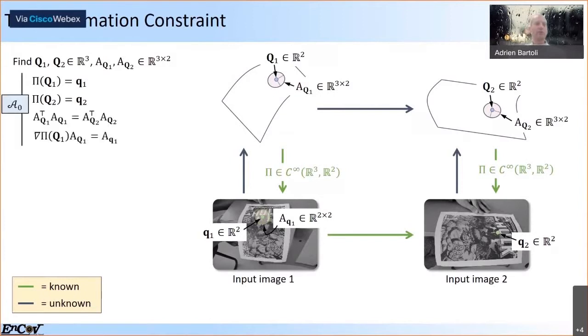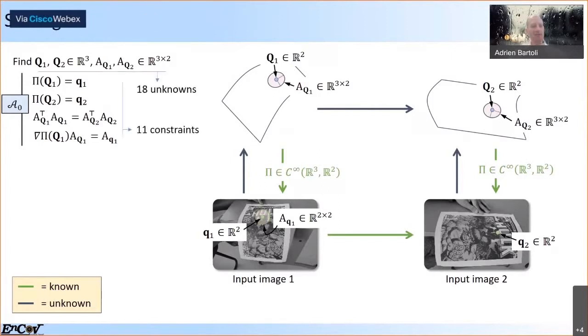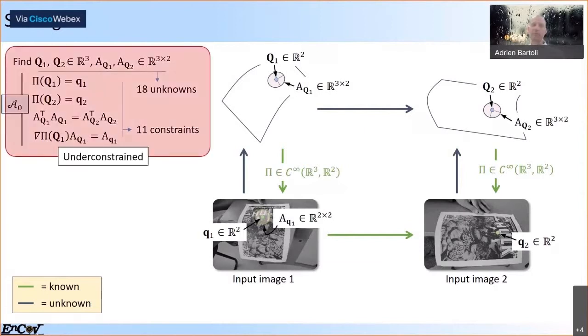So the further constraint we have, the third one here in the system, is isometry, which just says, as in SFT, that there is no local extension around the point, and that if we project this local structure around the point, it projects to the image in the canonical observed structure into this image. So if we count the number of unknowns, we have 18, and we have 11 constraints in total. So we're short of 7 constraints, so obviously we still can't solve.